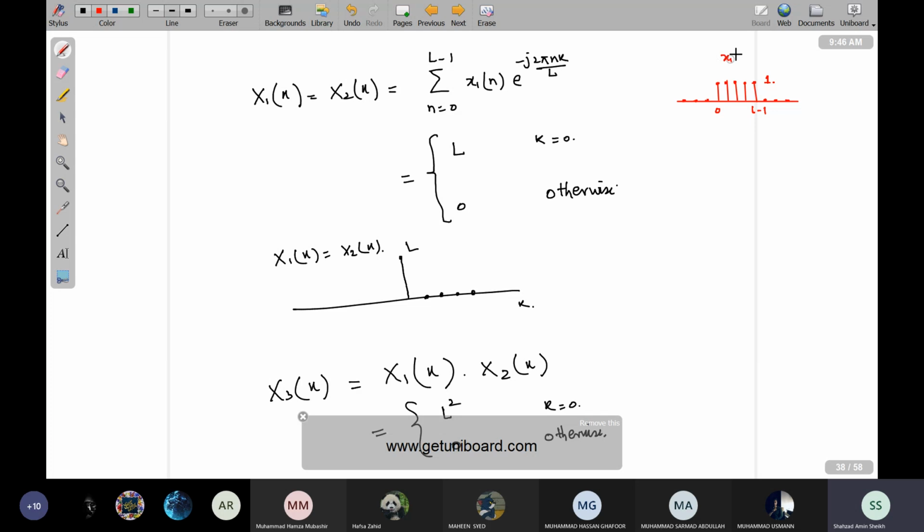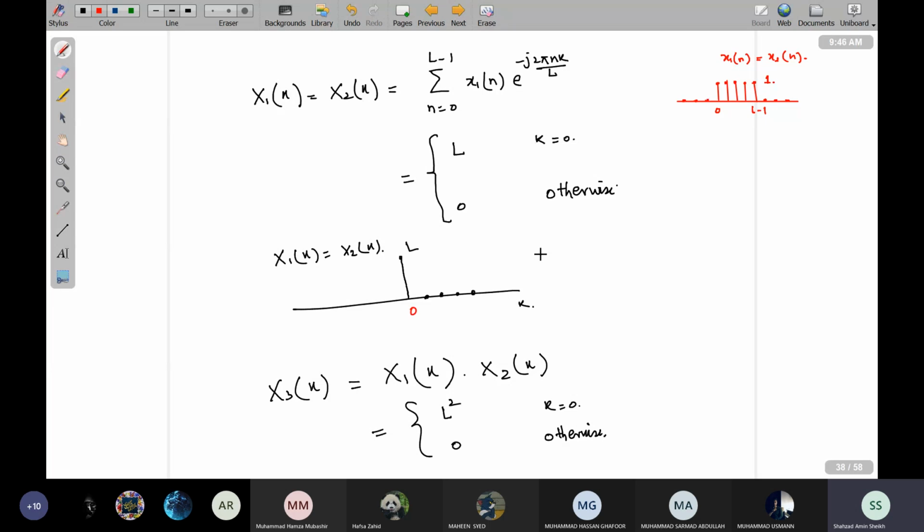So this is my x1 of n equal to x2 of n. And now we have obtained x1 of k and x2 of k, which is equal to L for k equal to 0, and for all other values of k, x1 of k and x2 of k are equal to 0.